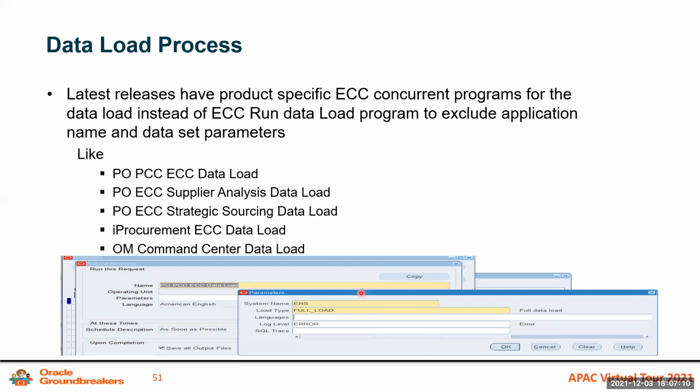Different programs are defined for each of the dashboards. Depending on how frequently you want the data to be refreshed, you might run the incremental load once daily, or depending on your business requirement, you might have to run it twice a day.